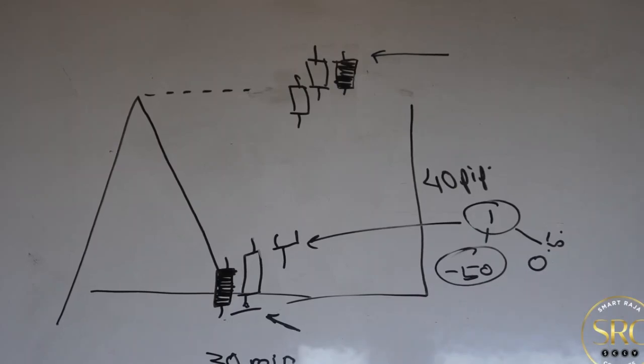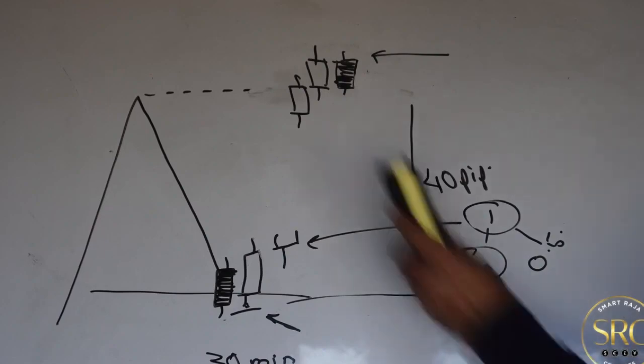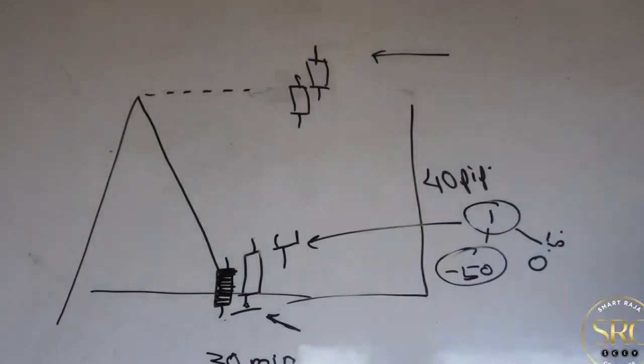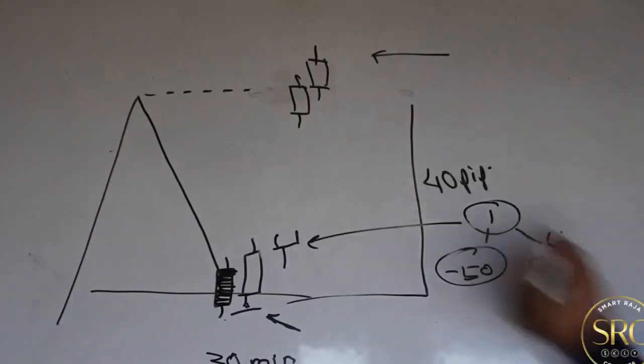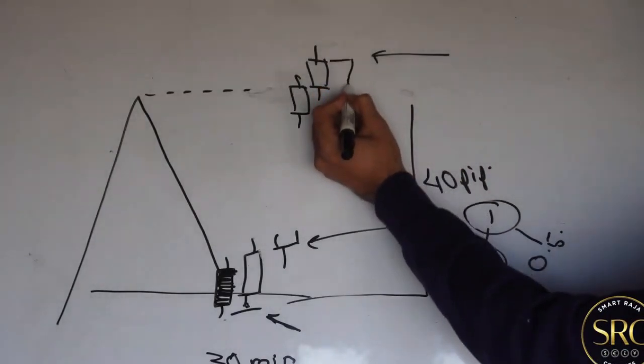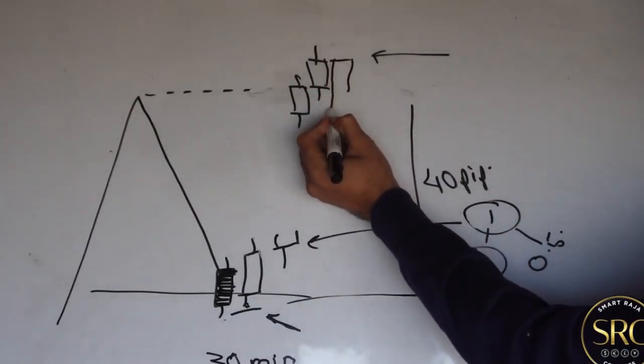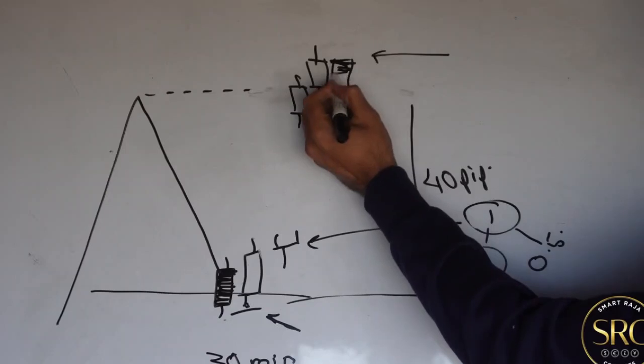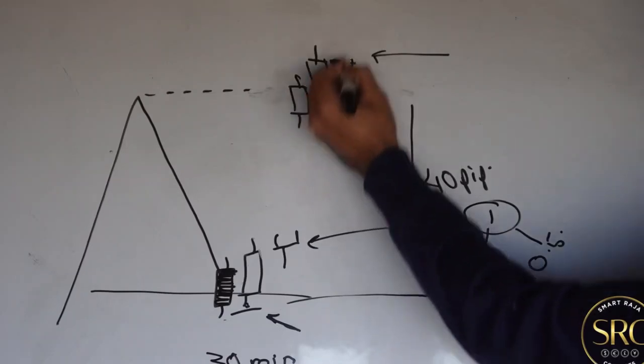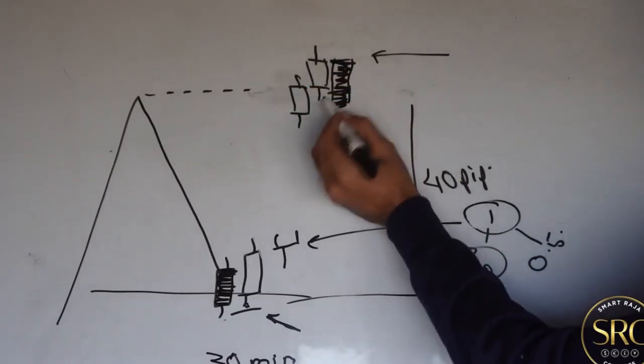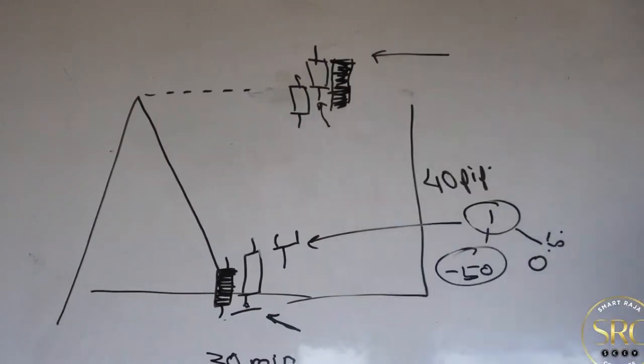Now, let's say for example the 15-minute candle does not close bearish, but it breaks the low. Let's say this candle is still open and breaks the low of the previous candle, this one: boom, 50% off the table, 100%.